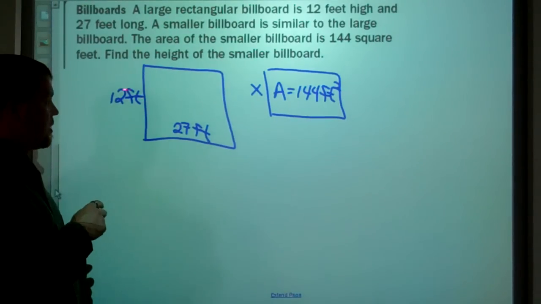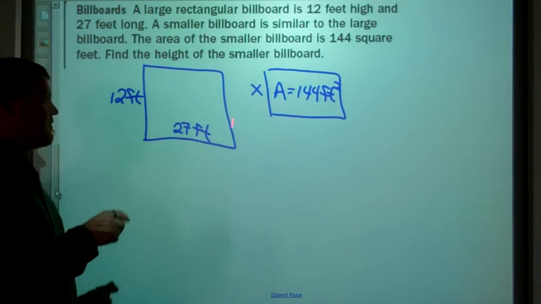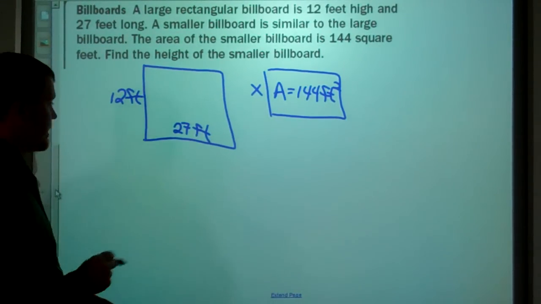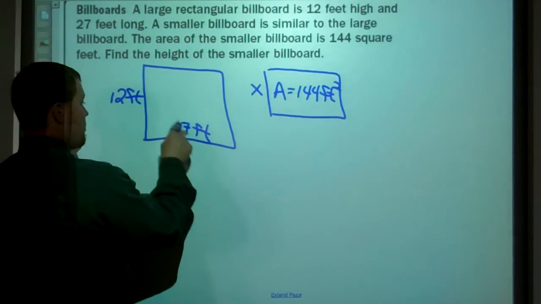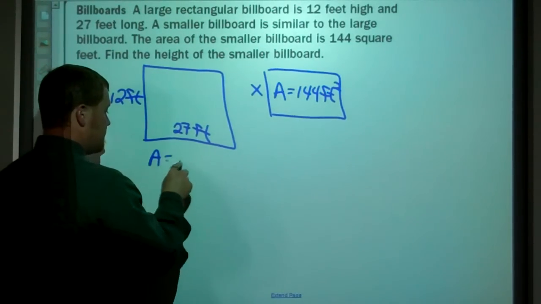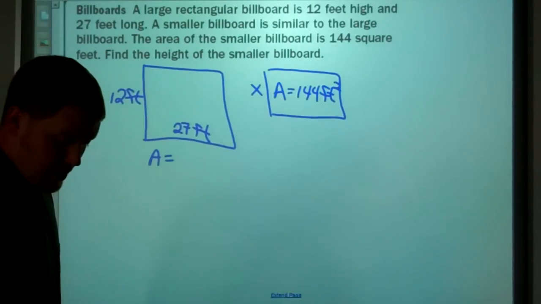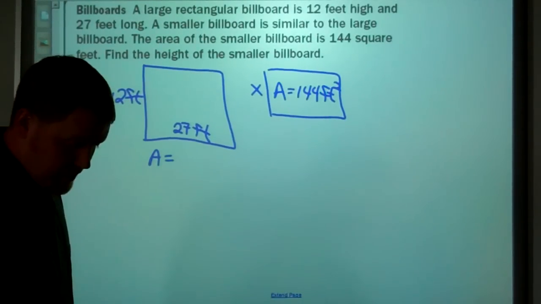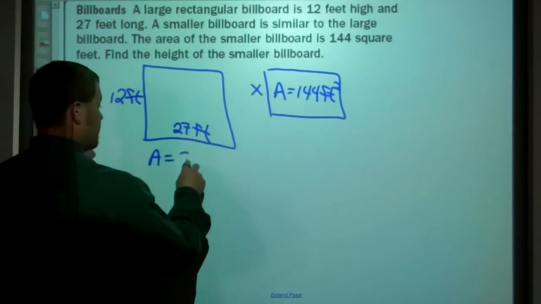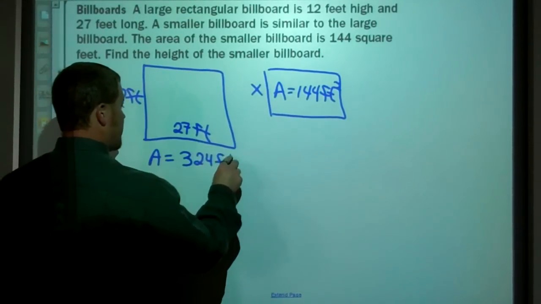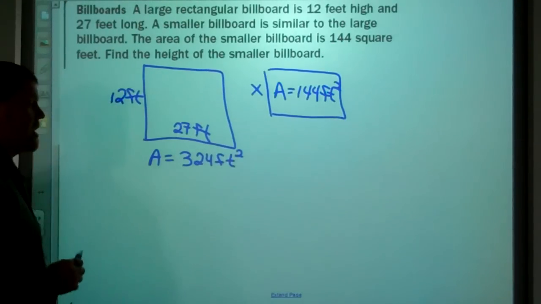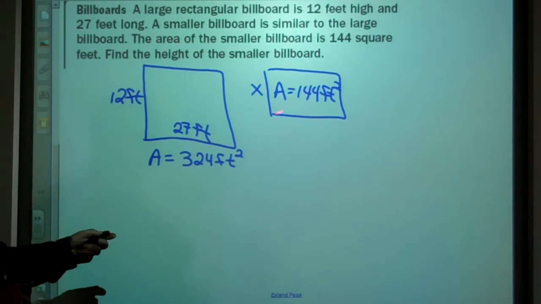For this one, we have the height and the length. Can we find the area here? The answer is yes. You take 12 times 27, so the area of this one is 324 feet squared. Now we have something to compare. We can compare areas.